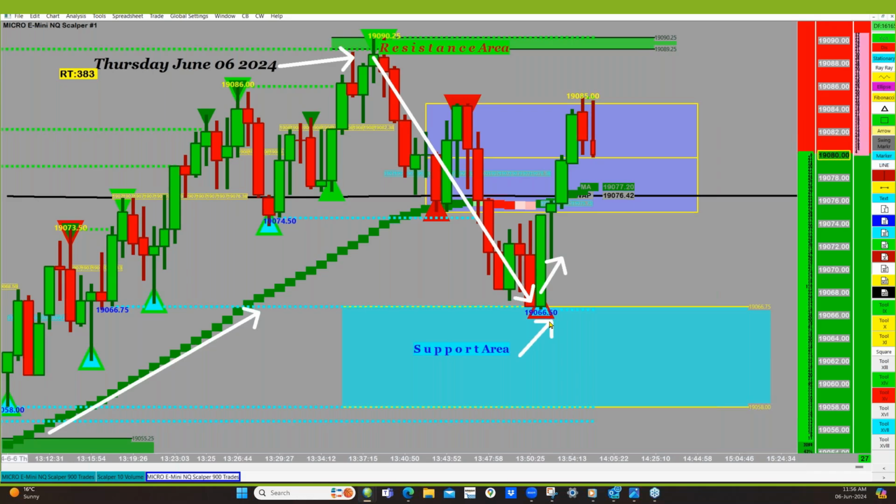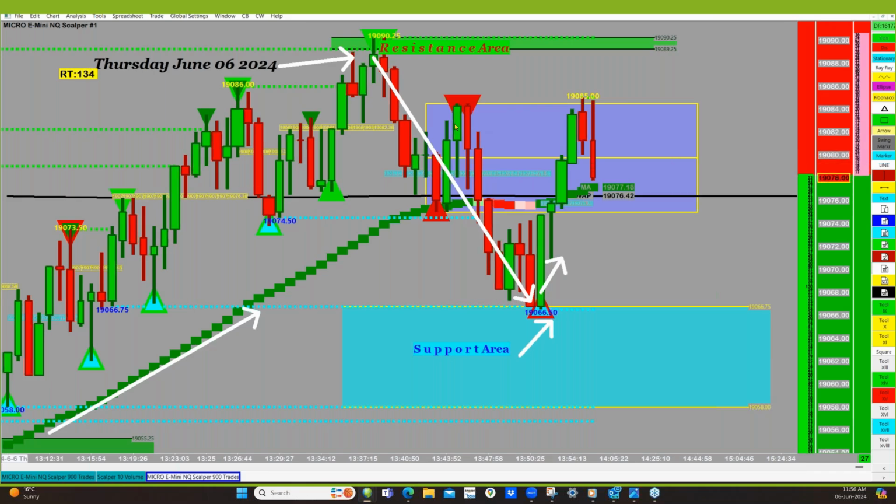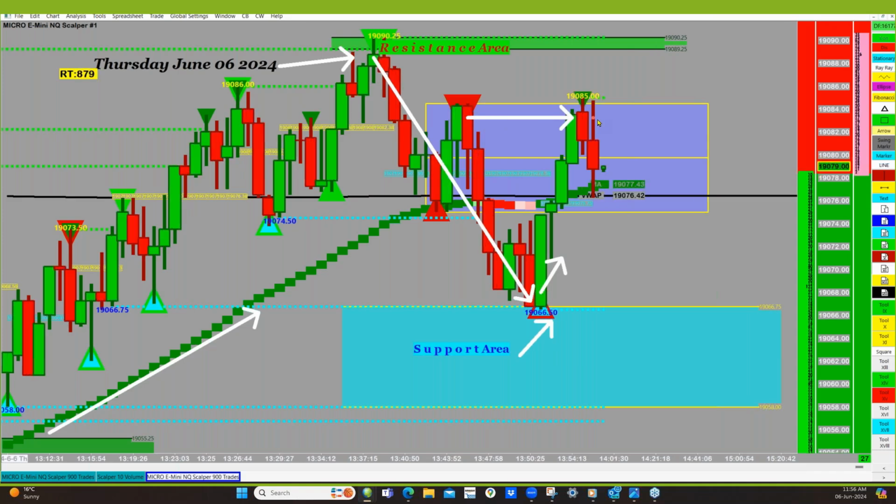All right, so where would you want to trade short from? Okay, you would want to trade short from this candle here, and we call it the best place to be wrong.